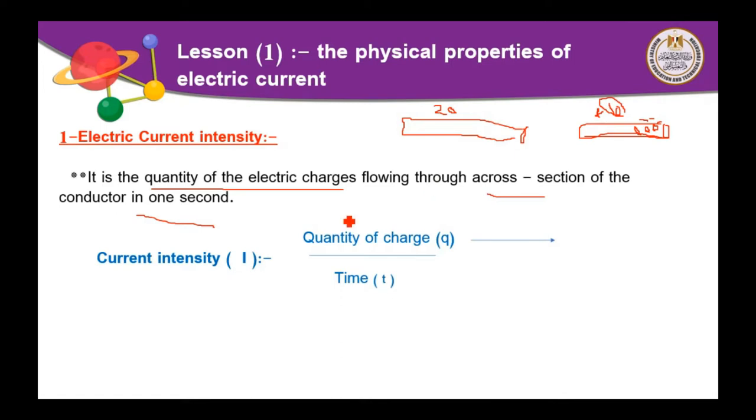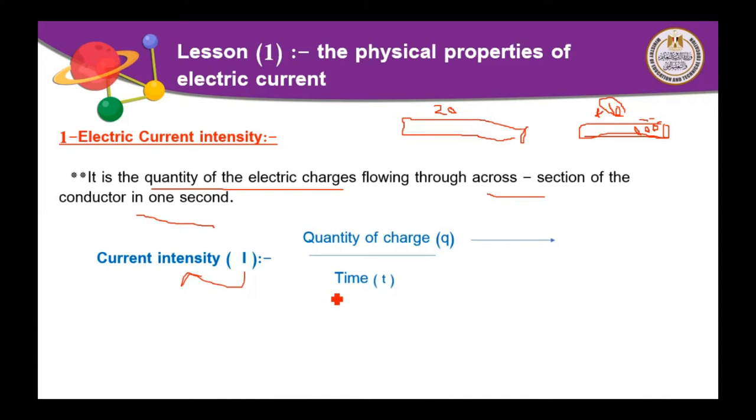The mathematical relation that represents the electric current intensity: current intensity I equals Q over t. I represents electric current intensity, the quantity of charge is represented by Q, and time is represented by t.